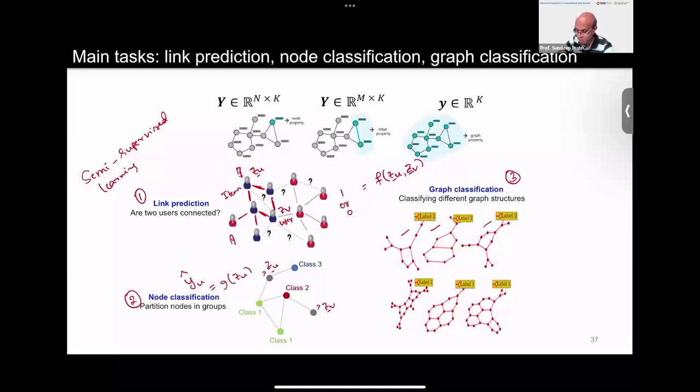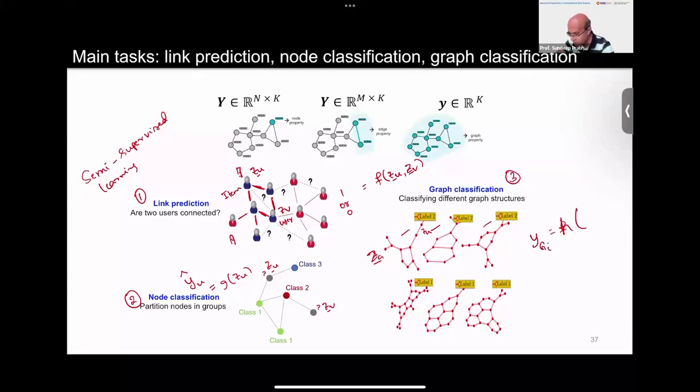For example, for each of these graphs, there are, say, nodes A to U. So you would take all these embeddings that you learn for each of these nodes and pass them through some function, which is basically a label predictor for that particular graph i.